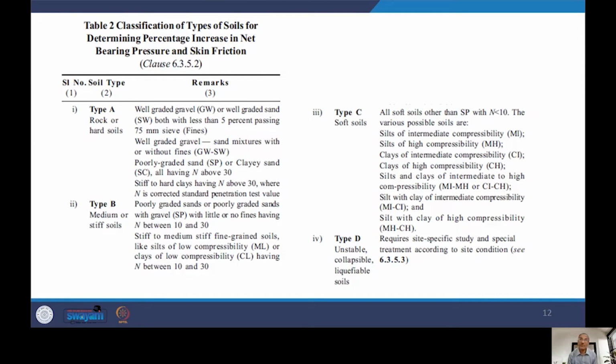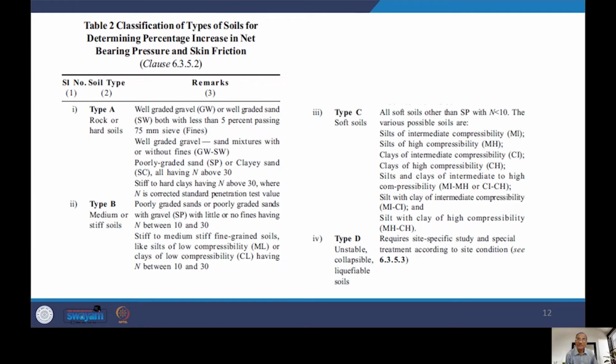But Type C is applicable for all soft soils other than SP which have N less than 10. In case of N values less than 10, the various possible soils are silts and clays of intermediate and high compressibility. So if you have intermediate compressibility or high compressibility, it will fall under Type C. It could be silt or clay, so it could be MI, MH, CI, CH, or a combination of those.